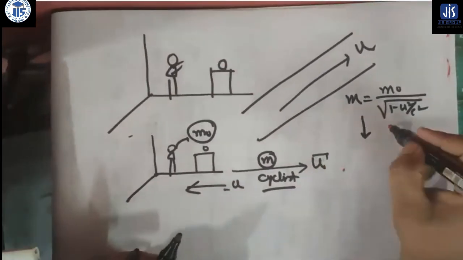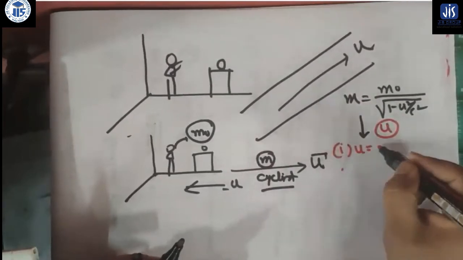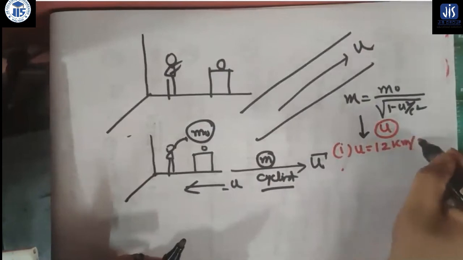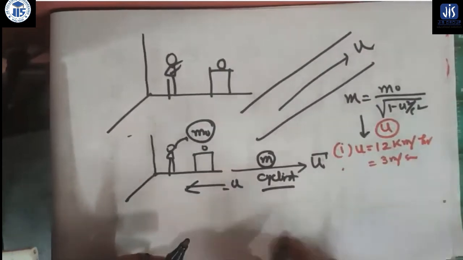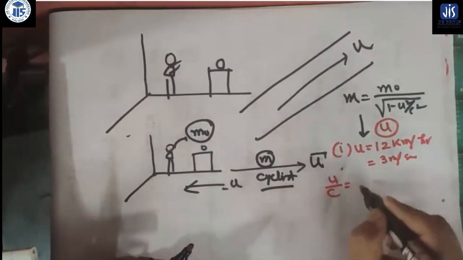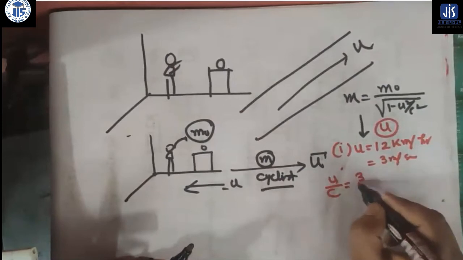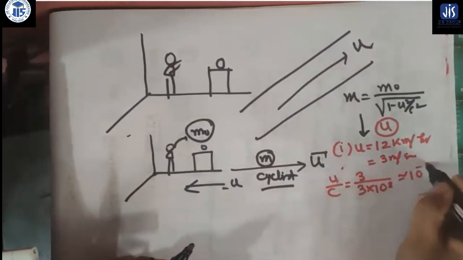U is the decider. Suppose a normal cycle, the speed is like 12 km per hour. That is like 3 meter per second, if you calculate it in meter per second. So then your u by c will be 3 by 3 into 10 to the power 8, so it is of the order of 10 to the power minus 8.